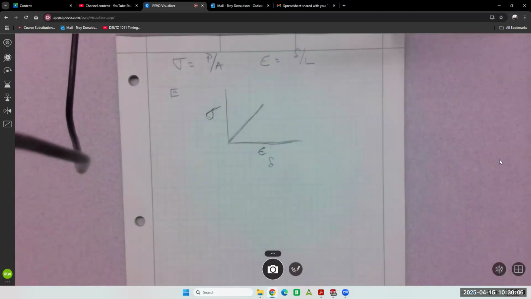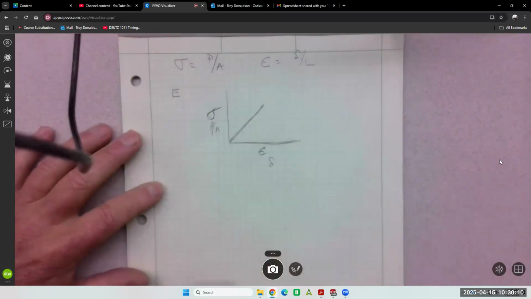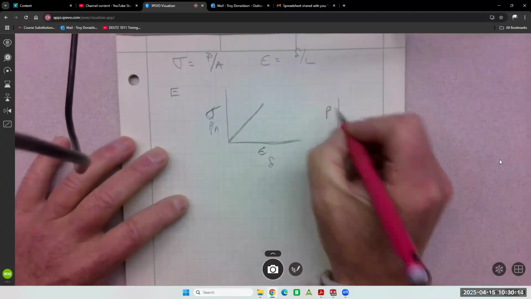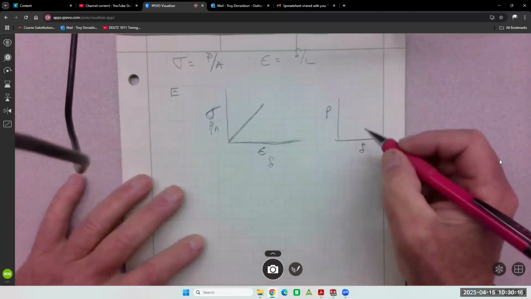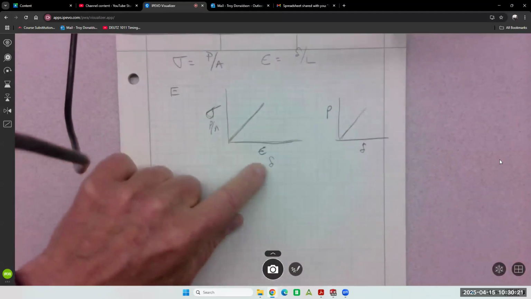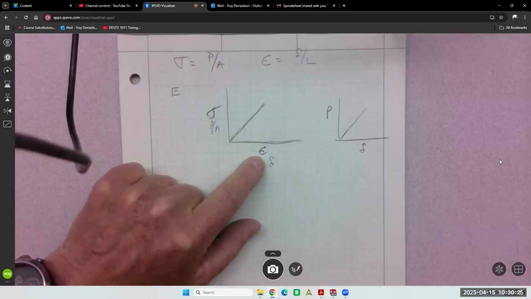It's delta over L, but L doesn't change. And this is really P over A. So you'll find the graph also shown as load and deformation. It's the same graph, but we do call it the stress strain graph. Chapter 10 will call it the stress strain graph.